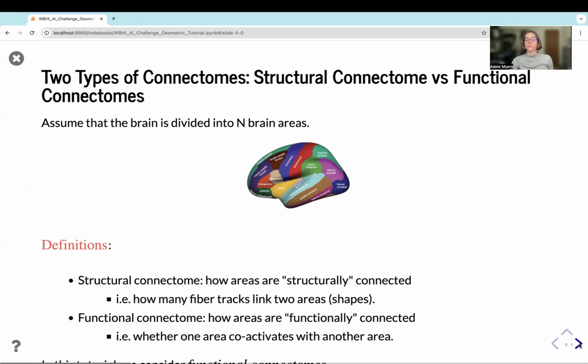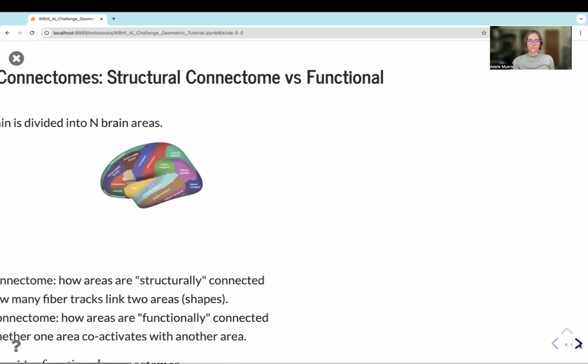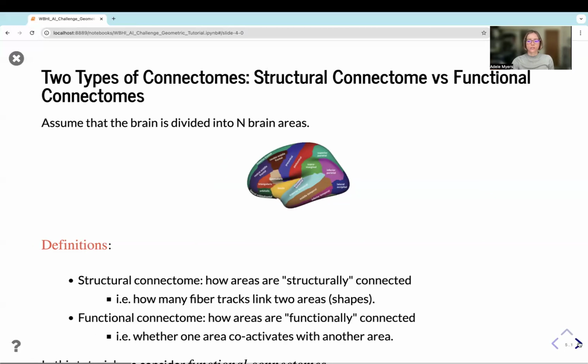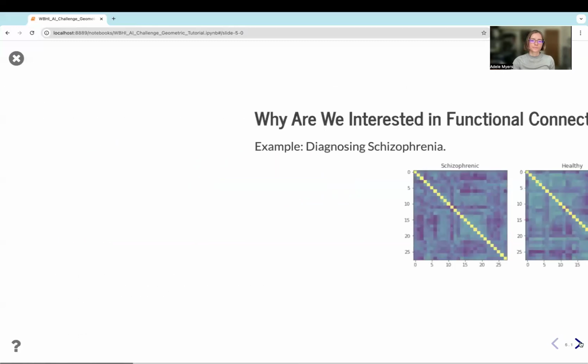So for example, how many fiber tracts link two areas. The functional connectome, on the other hand, is how the areas are functionally connected. So whether one area co-activates with another area when the brain is shown an image of a cat or something. Do two areas of the brain light up at the same time? And we're going to be focusing on functional connectomes in the tutorial today.